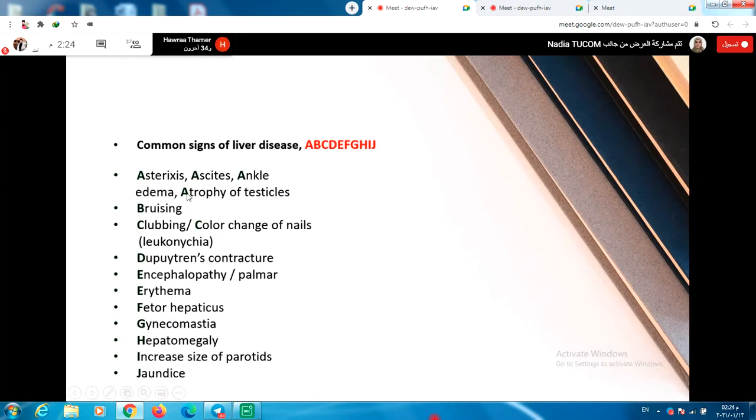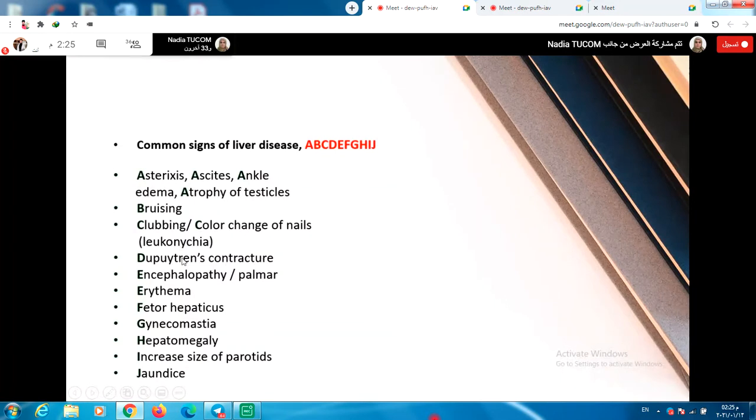Ankle edema is related to decreased hepatic albumin production. Testicular atrophy is due to hyperestrogenemia. Bruising: easy bruising and bleeding as a result of decreased production of coagulation factors. Clubbing of fingers is a sign of chronic disease, and leukonychia is a whitish discoloration of the nails.